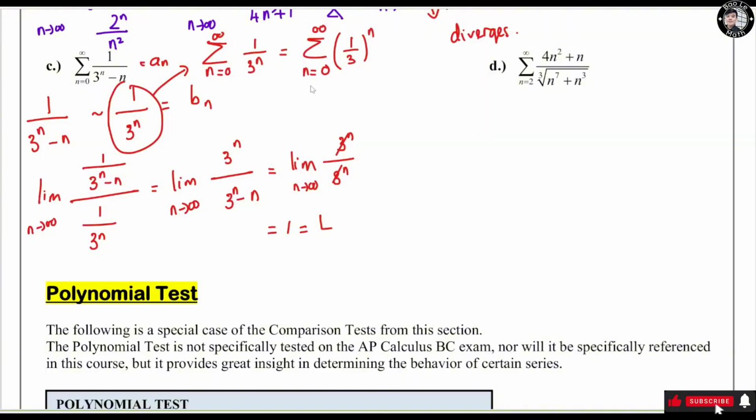And this is actually a geometric series, where the ratio equals 1 over 3, which is less than 1. And so this geometric series converges. Then the original one right here must converge.